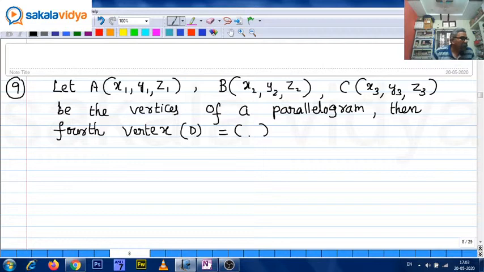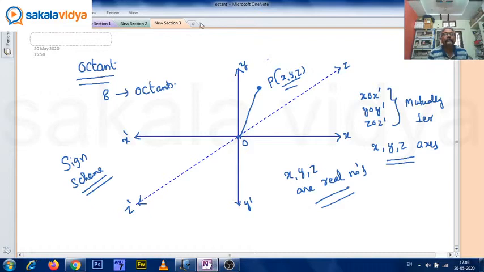So now let us move to the diagram right now.